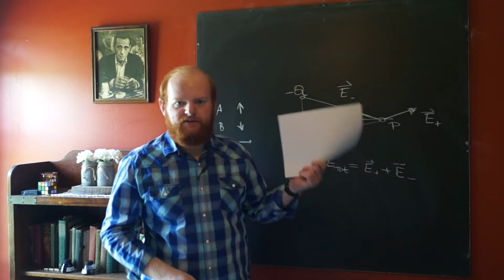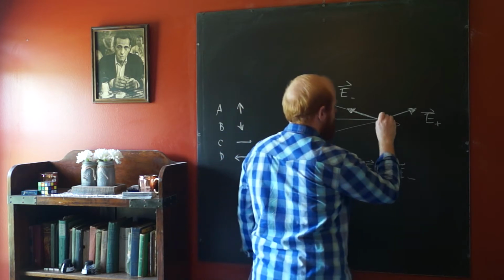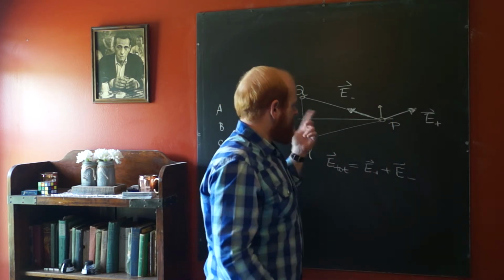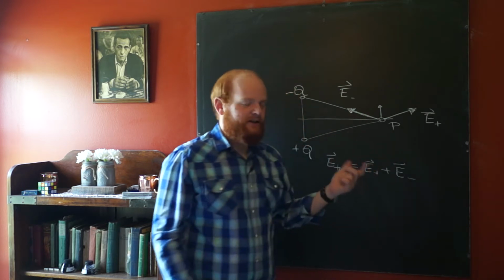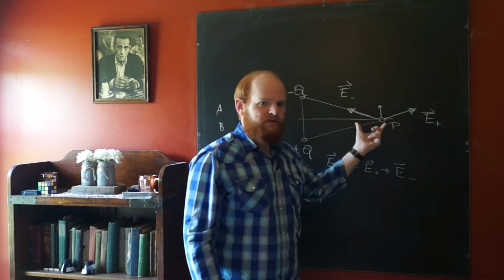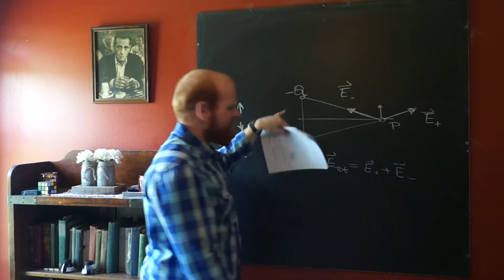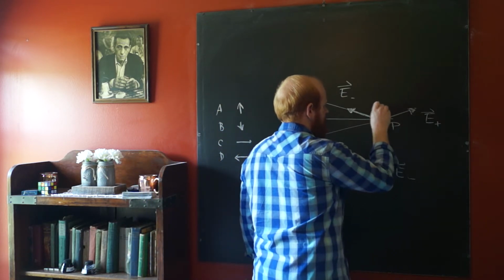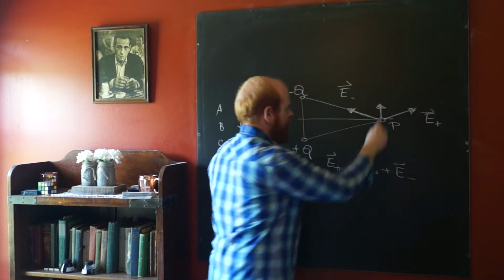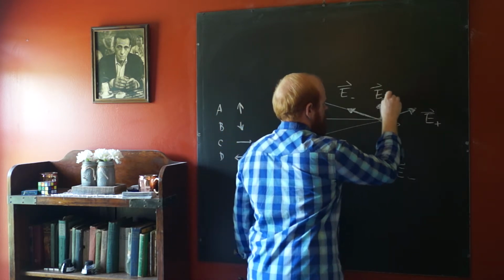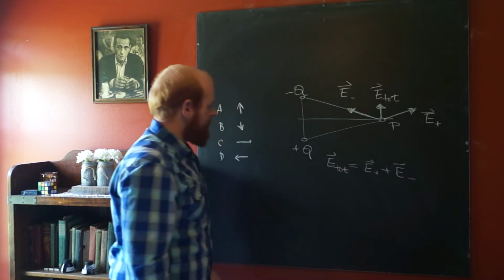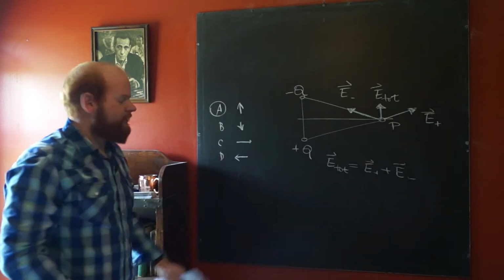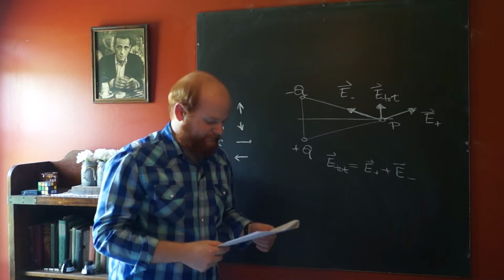And if we graphically add these two vectors, the part in the horizontal direction is going to be canceled out because this one's going to be just as long as this one, because these are two equal charges, and all that's left over is the part that points upward. So that's going to be the net electric field. So the correct answer is A, that the electric field points upward.